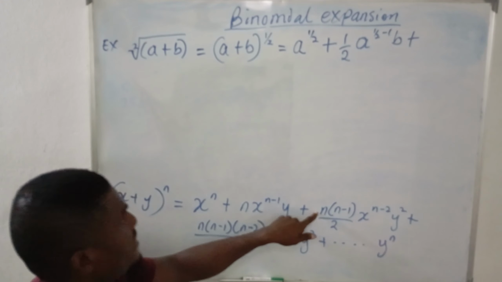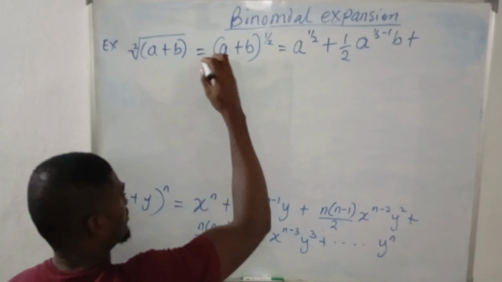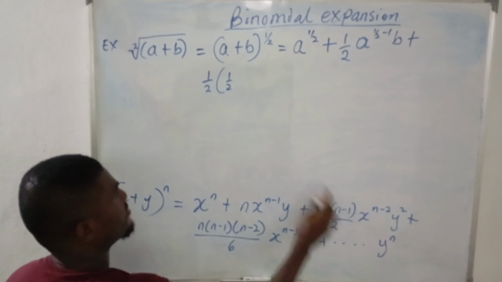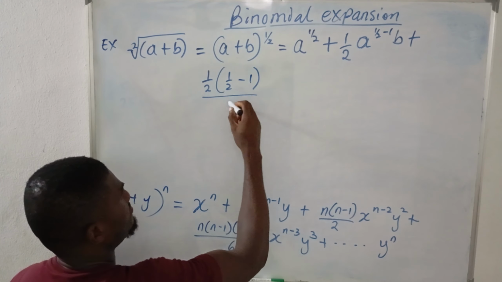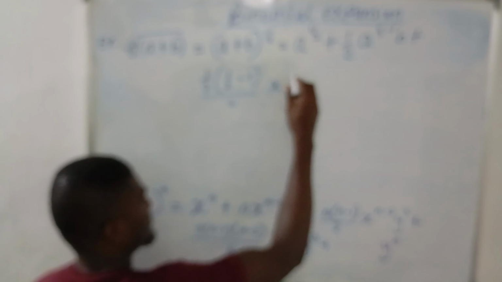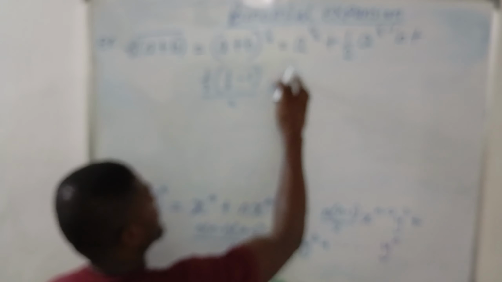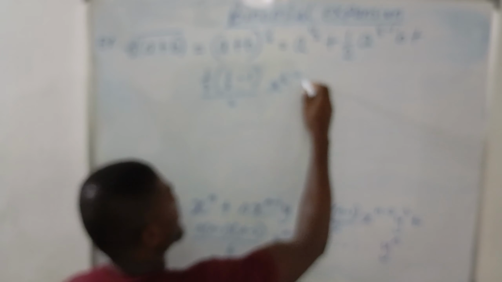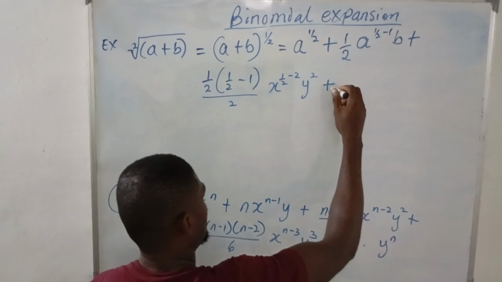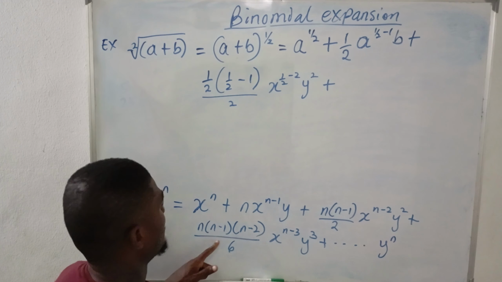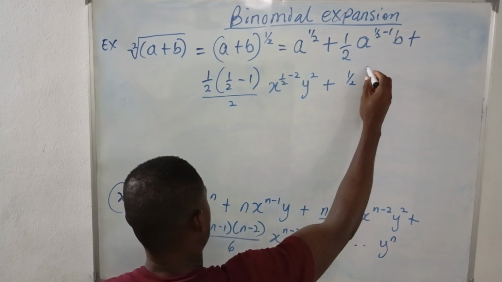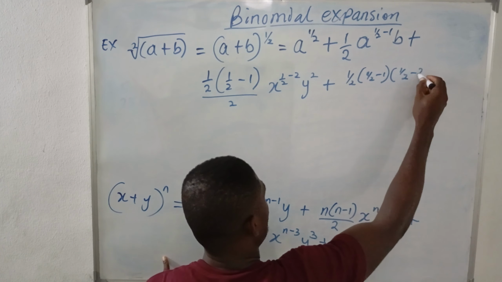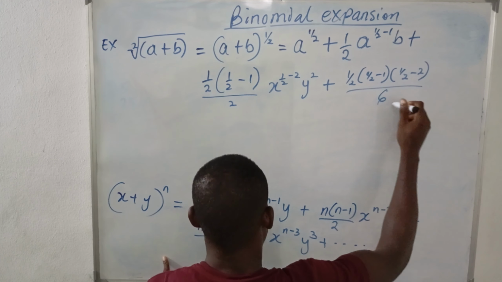Plus, at the next point we have n, and our n is 1 over 2, into the bracket 1 over 2 minus 1, divided by 2 again, x raised to the power of n minus 2, which is 1 over 2 minus 2, y raised to the power of 2, plus, at the last point here, 1 over 2 multiplied by 1 over 2 minus 1 into 1 over 2 minus 2 all over 6.